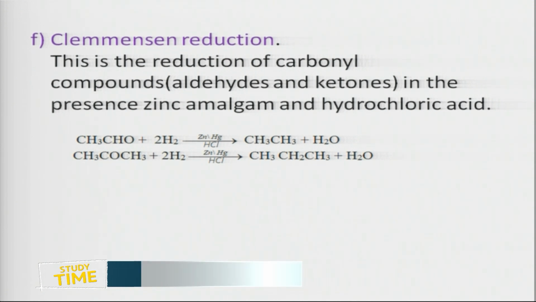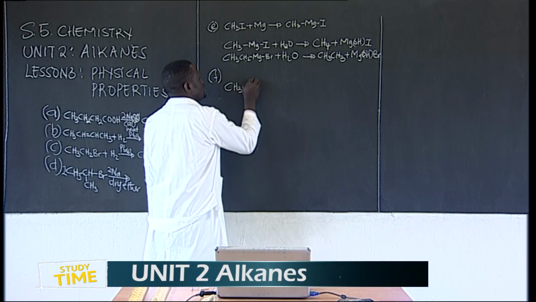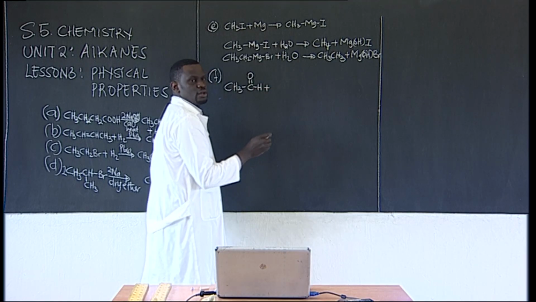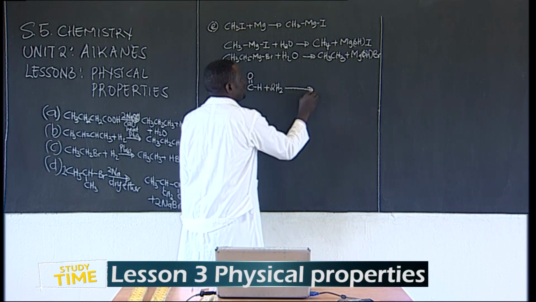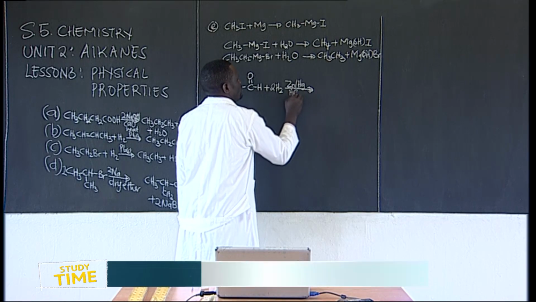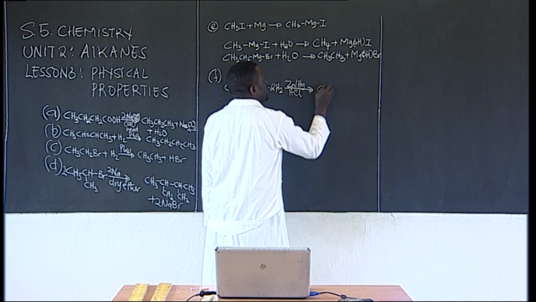We can take an example here on F, a simple illustration where we have CH3. So here I've drawn my organic compound. This hydrogen comes from a mixture of zinc mercury amalgam and HCl, which will produce these hydrogens. These hydrogens will come and reduce the carbonyl compound.